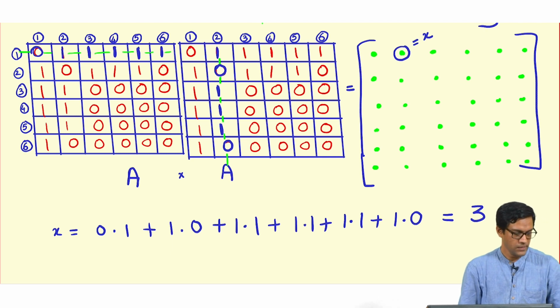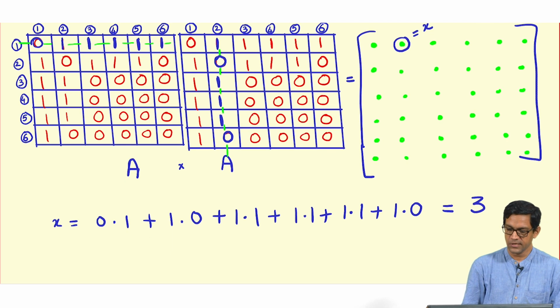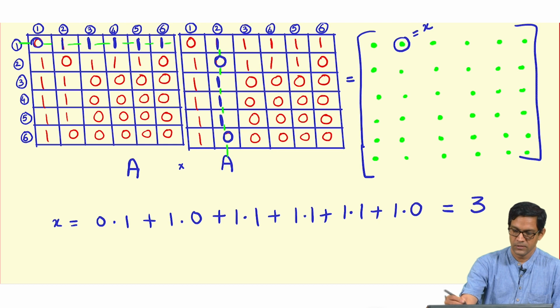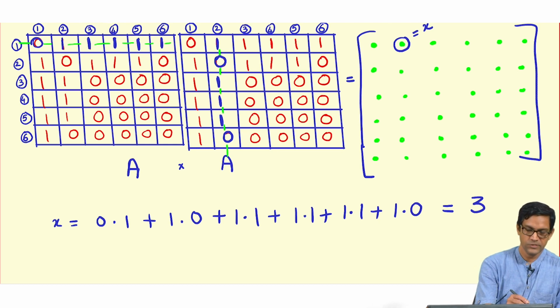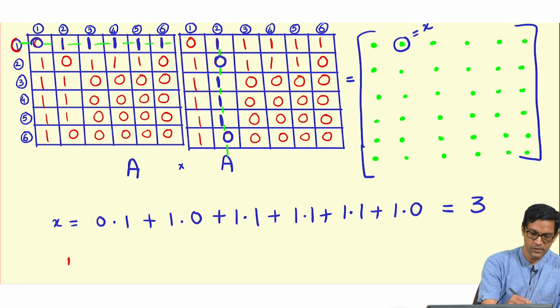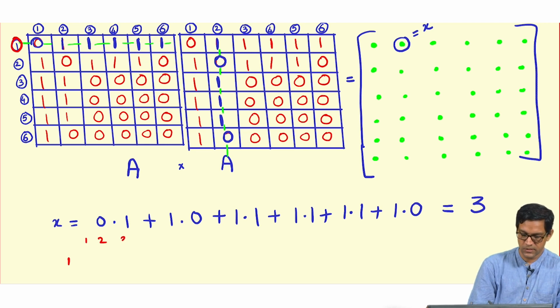But let us see how these individual terms were formed during the process of matrix multiplication. We sort of paired things up in the following way. I had 1, that is this row number, and I looked at among these column numbers 3, 4, 5, 6.